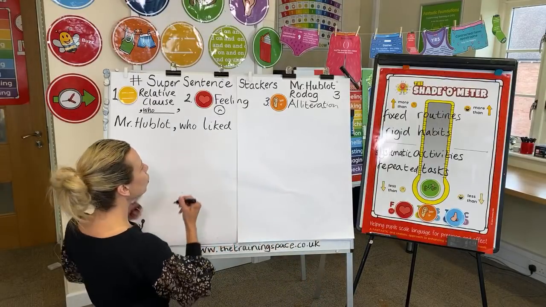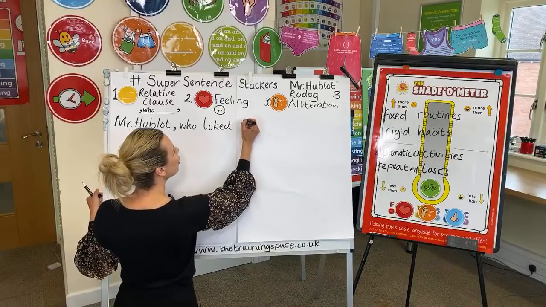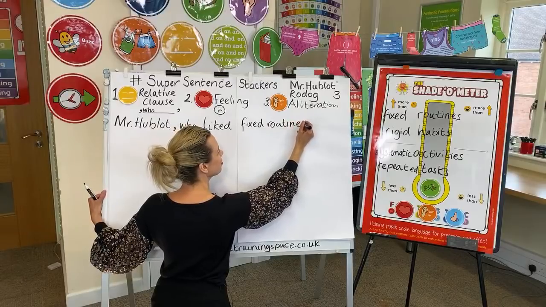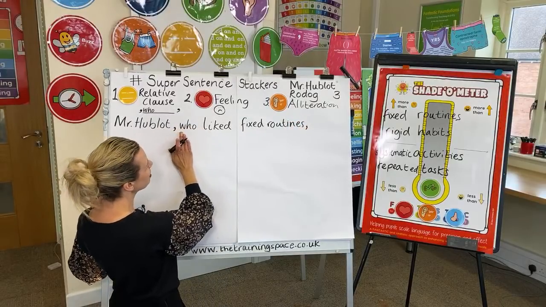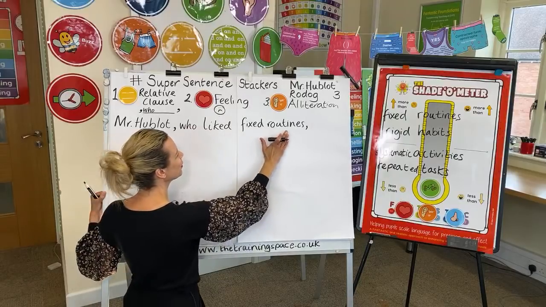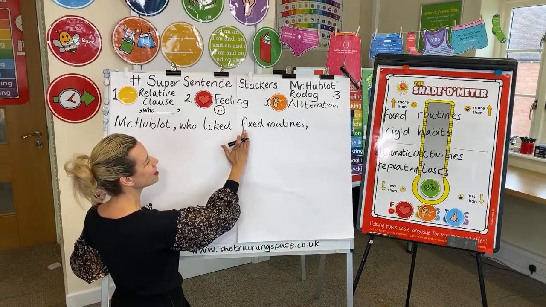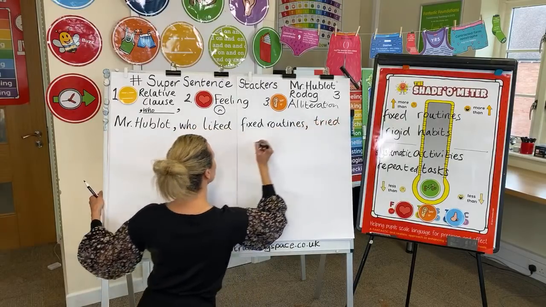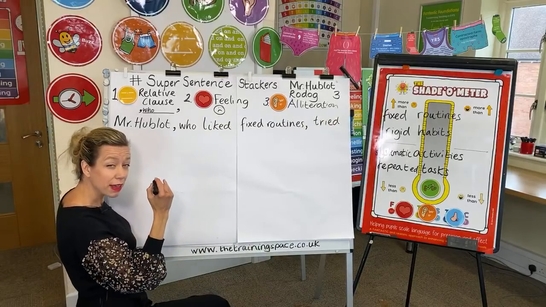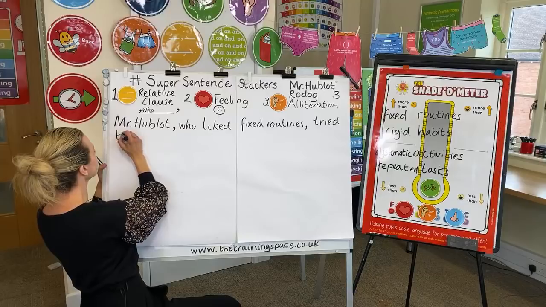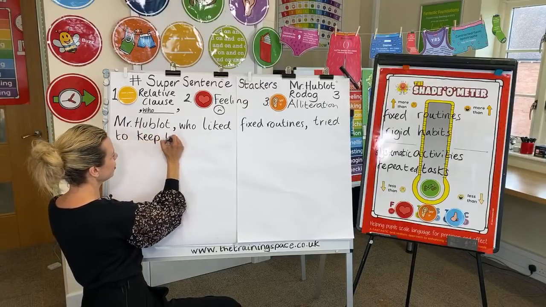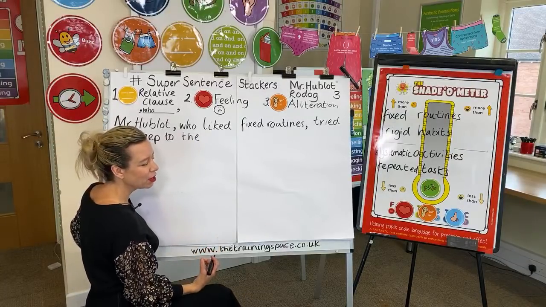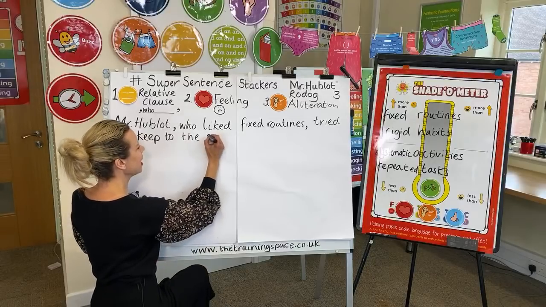Mr Hublot, who liked, I think I'm going to have fixed routines, who liked fixed routines. Now I'm going to put my comma in, and there is my embedded dropped-in clause. Mr Hublot, who liked fixed routines, tried, because it's starting to get disturbed a little bit here, tried to keep to the, it's about pattern, it's always the same pattern.